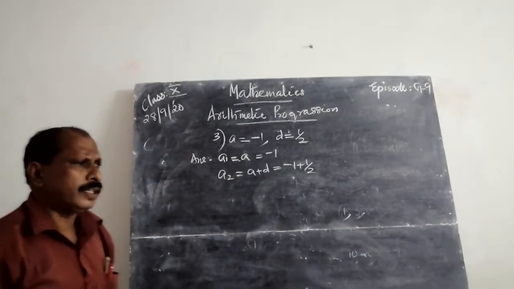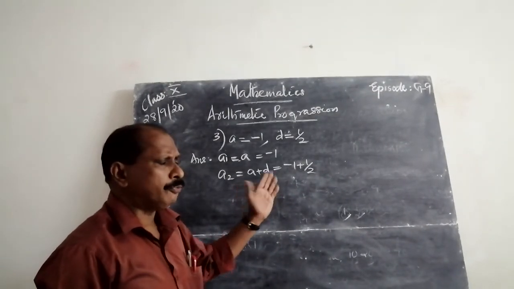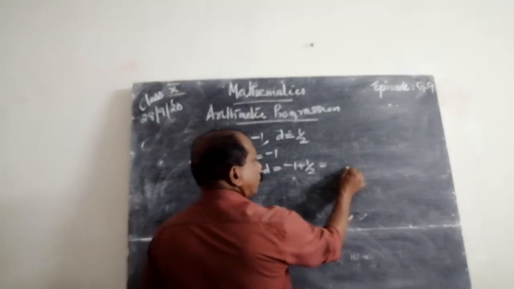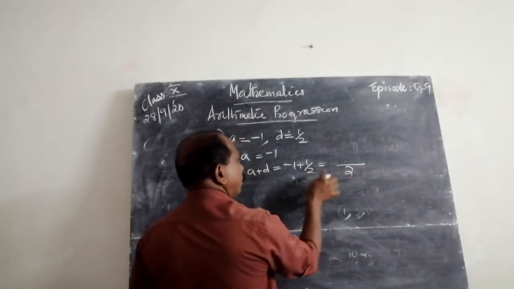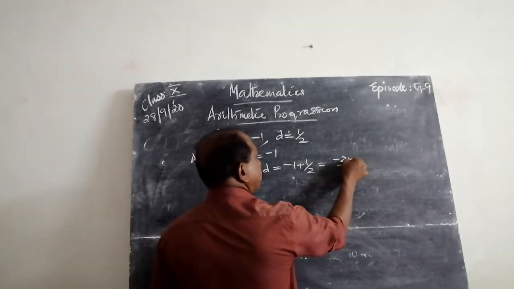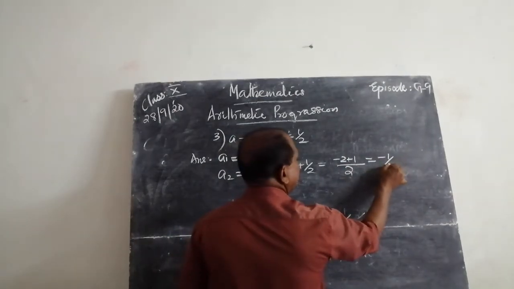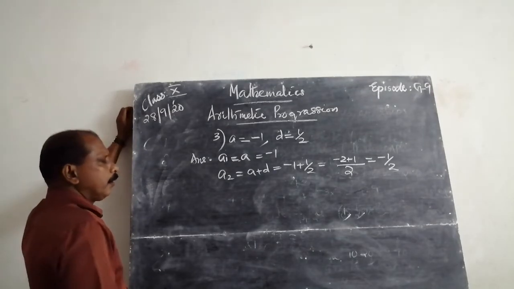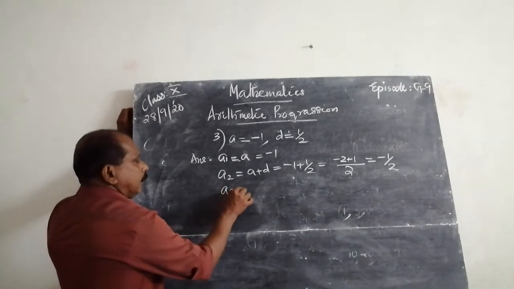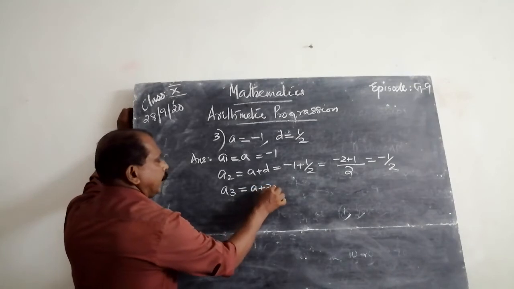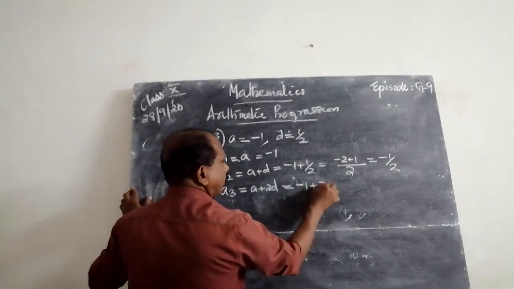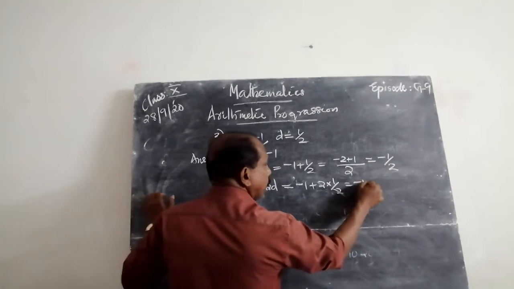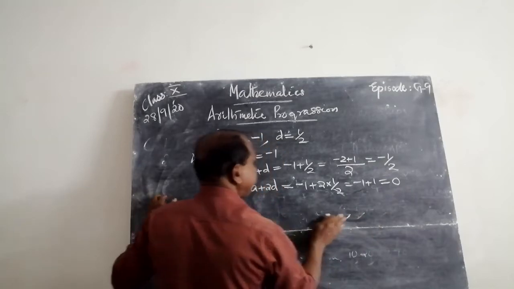That is a fraction, therefore we take LCM. 2 is the LCM. 2 into minus 1, minus 2 plus 1. What is minus 2 plus 1? Minus 1, so it is minus 1 by 2. Then A3 is equal to A plus 2d is equal to minus 1 plus 2 into 1 by 2. The 2s cancel. Minus 1 plus 1 is equal to 0.